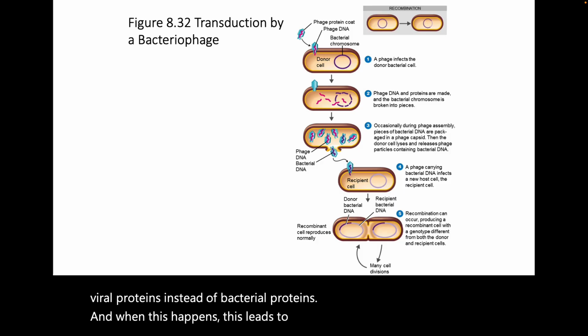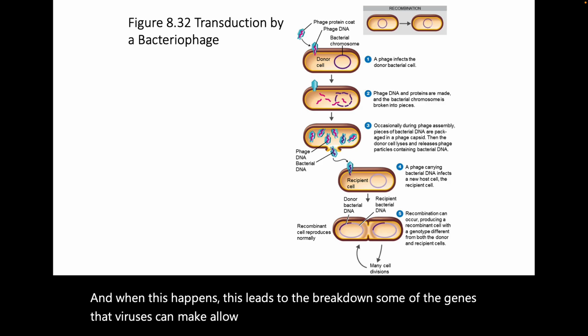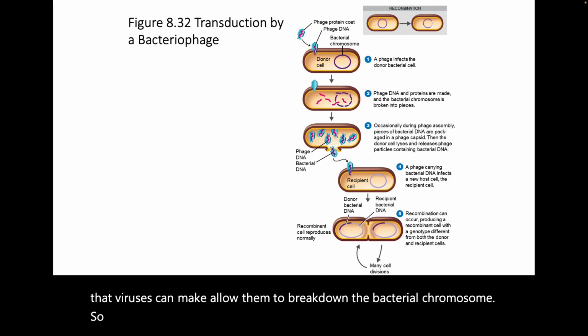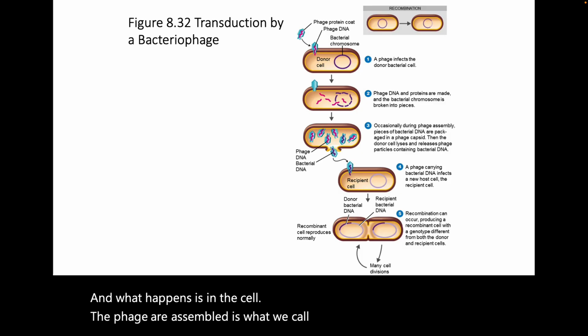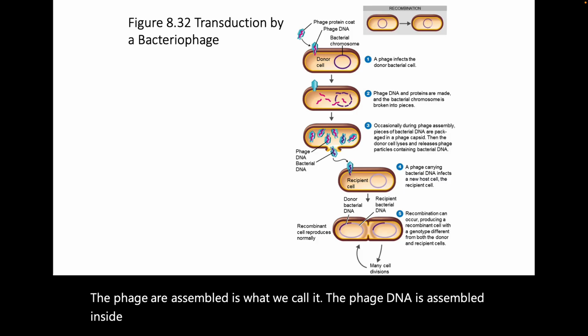And when this happens, this leads to the breakdown. Some of the genes that viruses can make allow them to break down the bacterial chromosome. So they can break down the bacterial chromosome while making their own proteins. And what happens is, in the cell, the phage are assembled, is what we call it. The phage DNA is assembled inside of the phage protein.